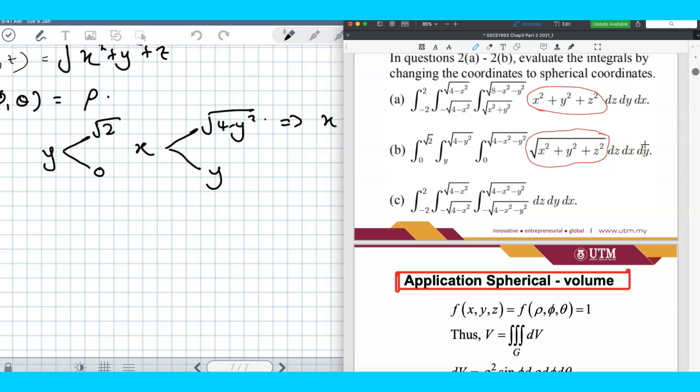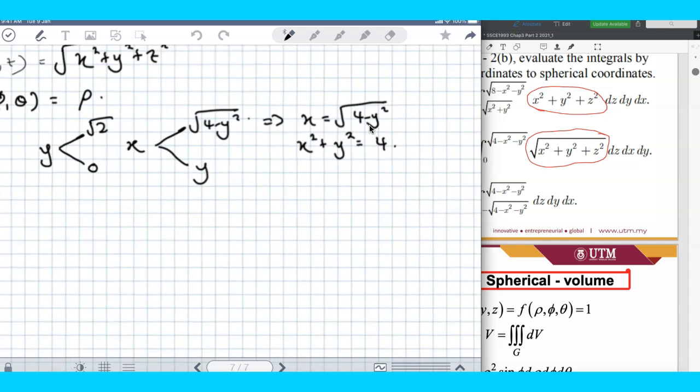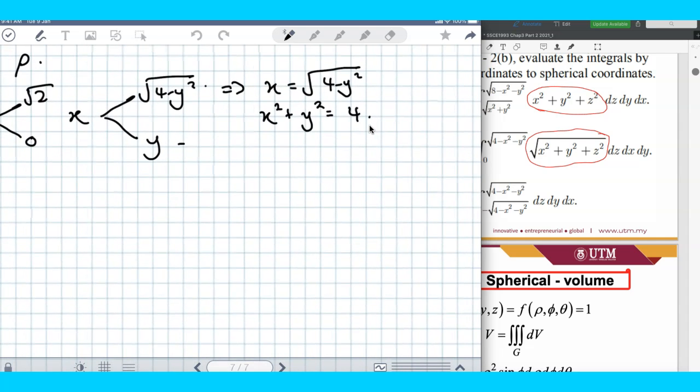You have x equal to the square root of 4 minus y squared. Of course, you need to rearrange, otherwise we have no idea what the curve looks like. But please bear in mind that x is always positive. So you have x squared plus y squared equal to 4. So you have a semicircle, because x is only positive. Also you have x equal to y, or y equal to x.